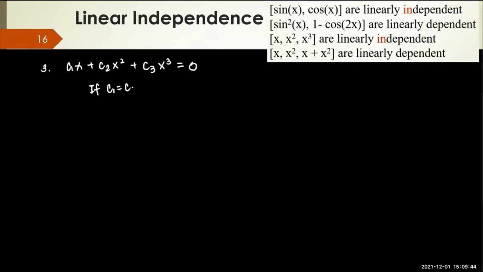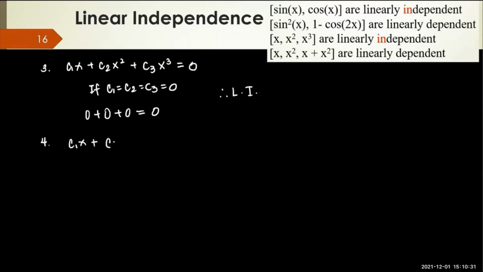If C1 is equal to C2 is equal to C3 is equal to 0, that means 0 plus 0 plus 0 is equal to 0. So it will only happen when all C1, C2, and C3 are 0. That's why this is linearly independent. So meaning you cannot find a relationship among the three for it to hold true unless all the coefficients are 0.